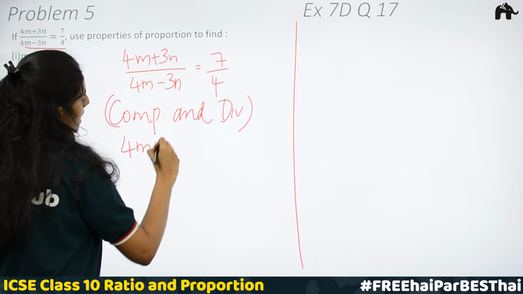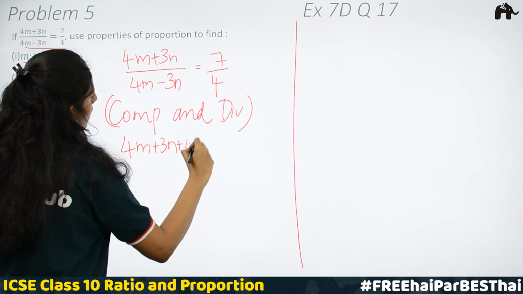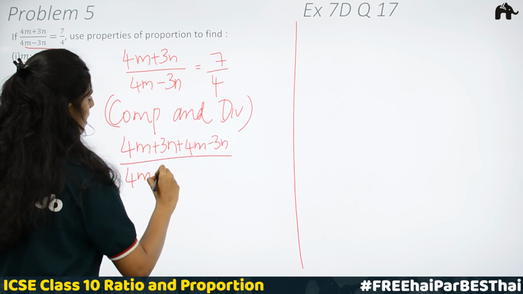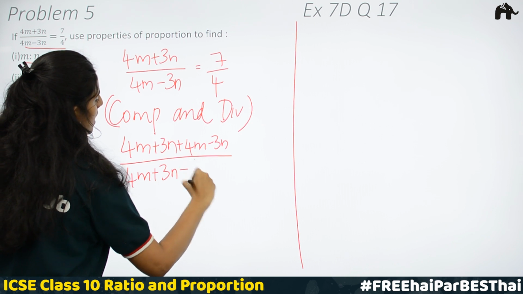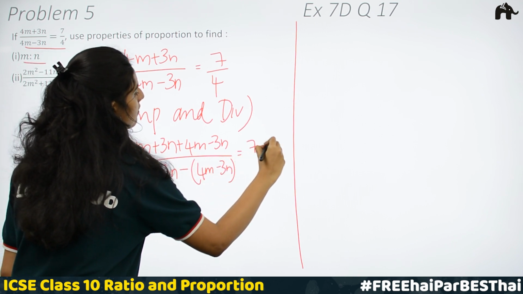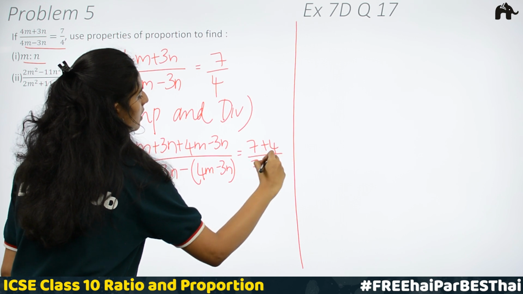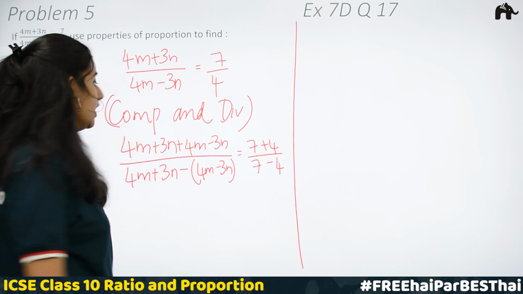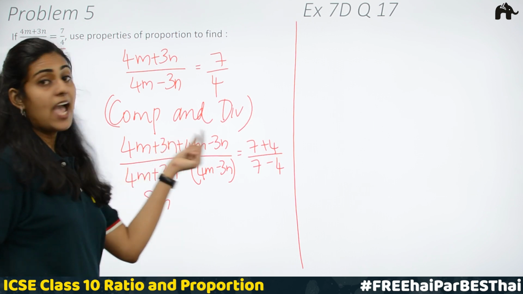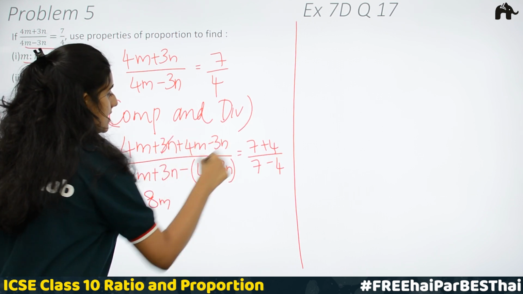(4m plus 3n plus 4m minus 3n) divided by (4m plus 3n minus 4m minus 3n) is equal to (7 plus 4) divided by (7 minus 4). Okay, 4m plus 4m is 8m. 3n and minus 3n, they can be cancelled.